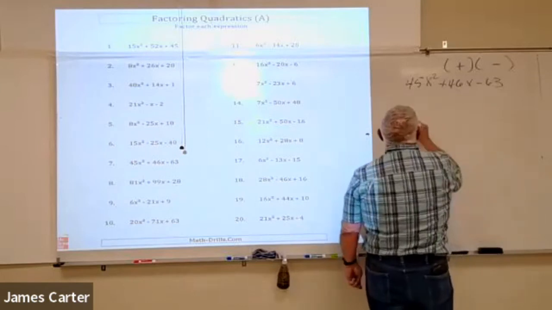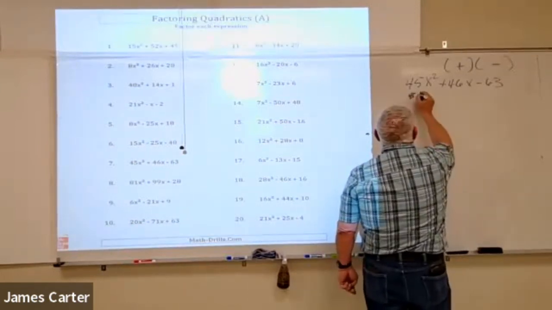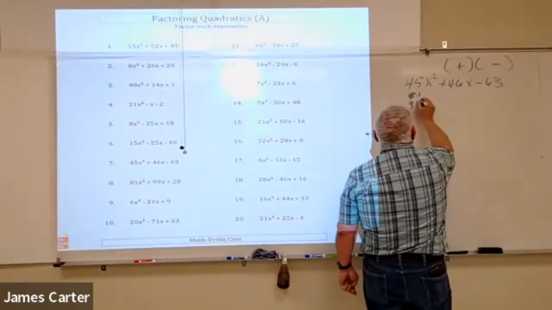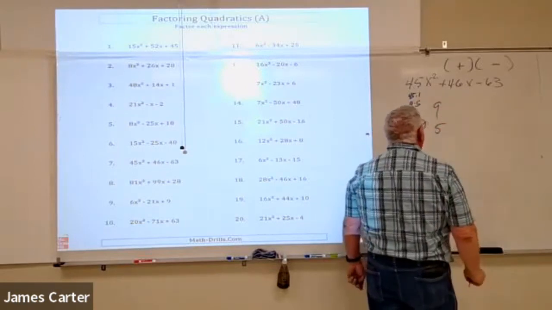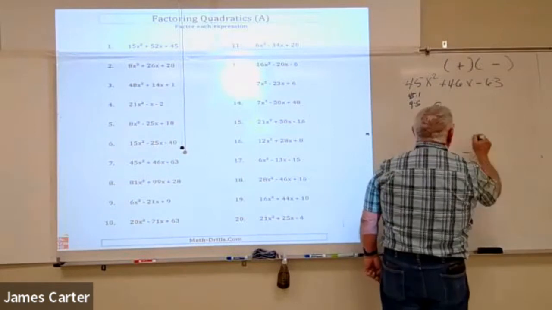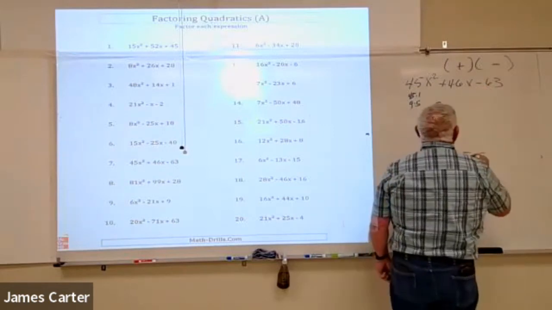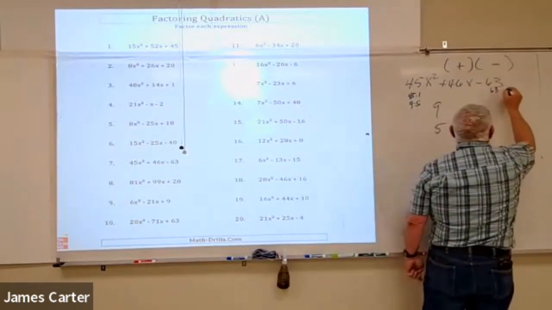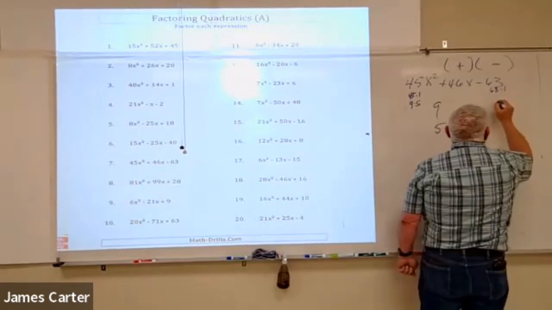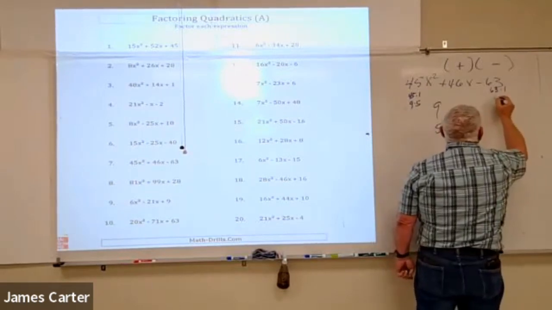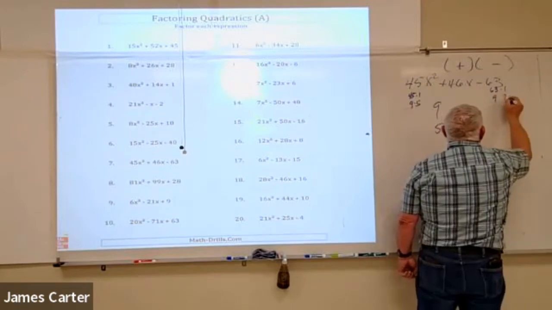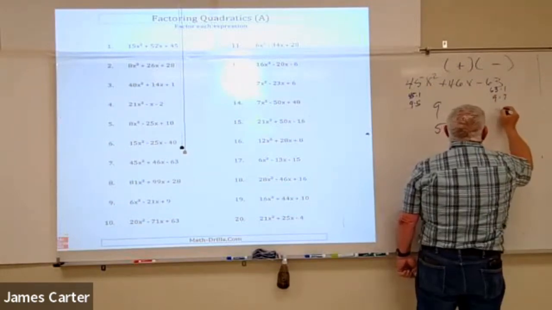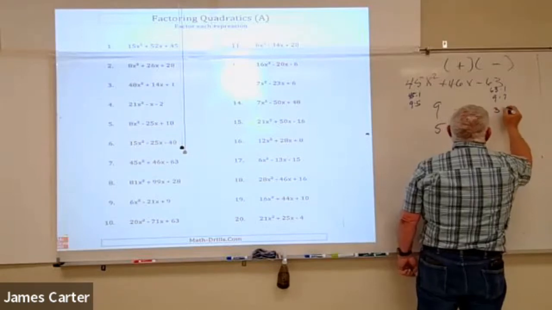Okay, so 45 and 1, 9 and 5 are the possibilities. I'm going to try 9 and 5 first. Down here, of course, I'm going to subtract because of the different signs. Okay, 63 and 1, 9 and 7, I suppose 3 and 21.